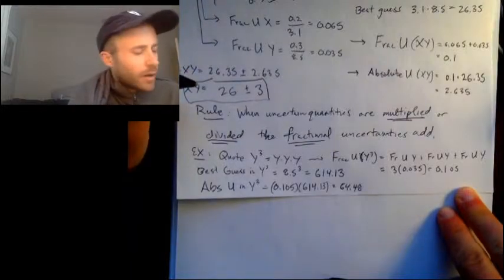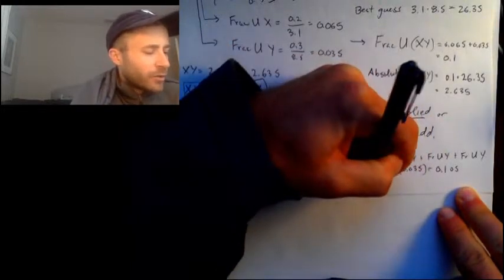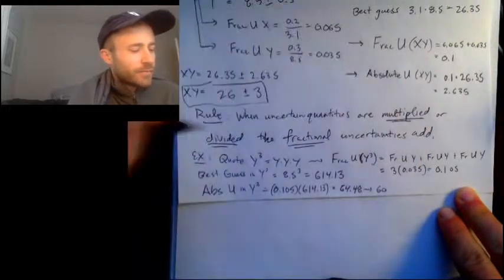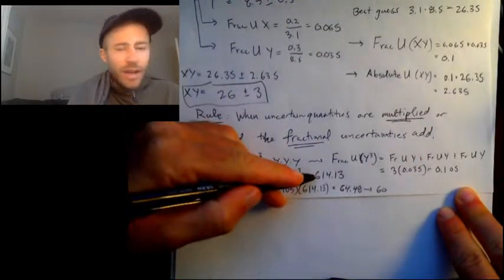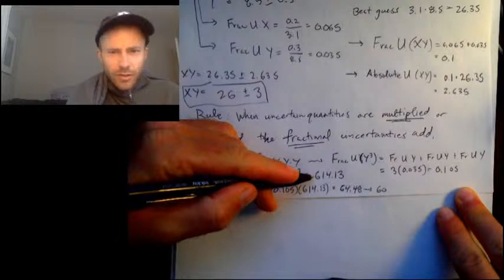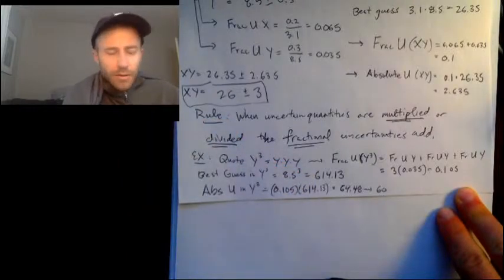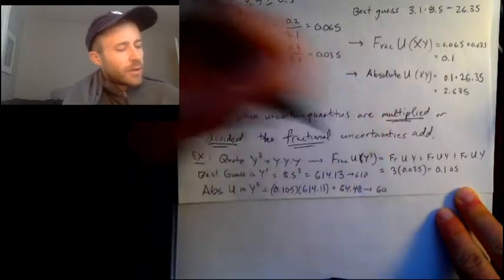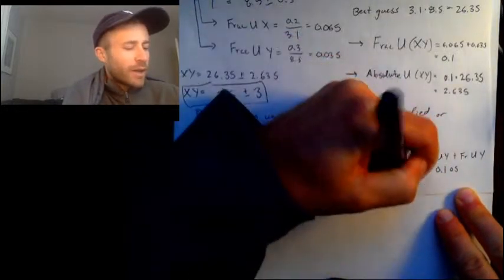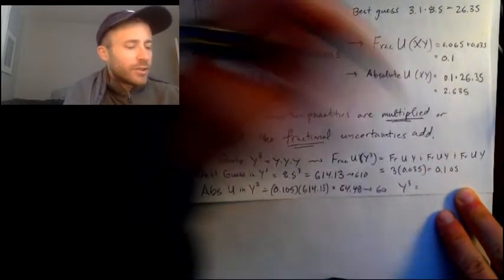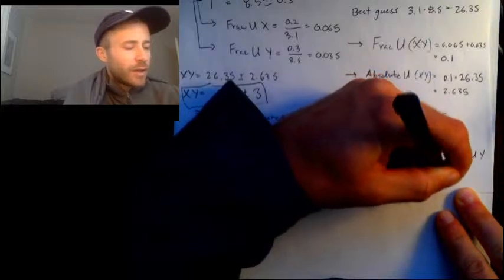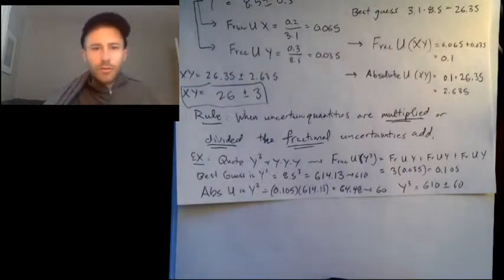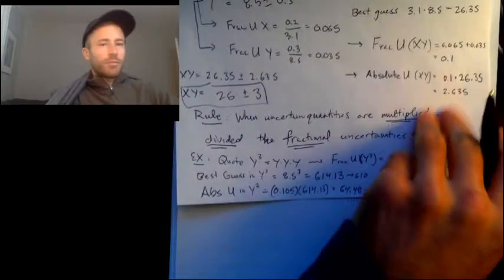Which I would then round to one significant digit, so I would round that to 60. And that means I have to round this to the tens place, so that would be 610. So my quoted value for y cubed would be 610 plus or minus 60. If you're not getting it yet, don't worry, we're going to do lots more examples.